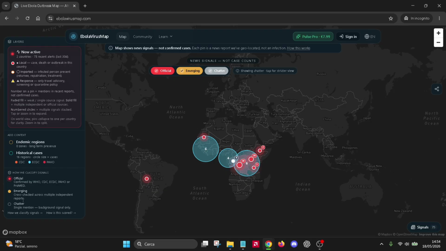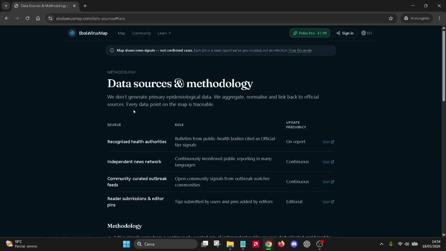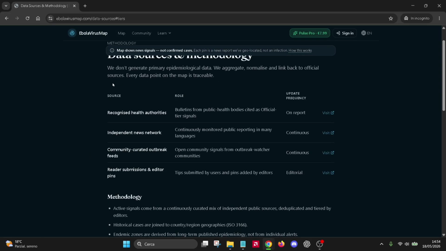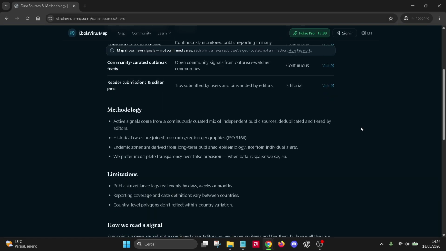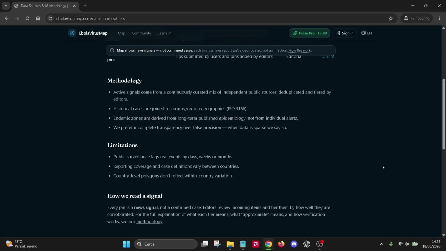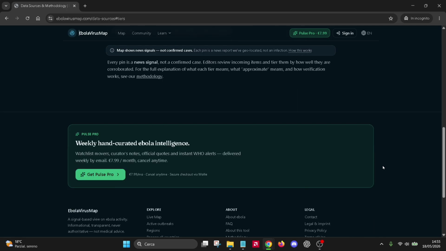This approach is highly valuable because infectious disease monitoring is fundamentally a data problem. Signals emerge from many different sources. Official agencies publish alerts. News organizations report local developments.